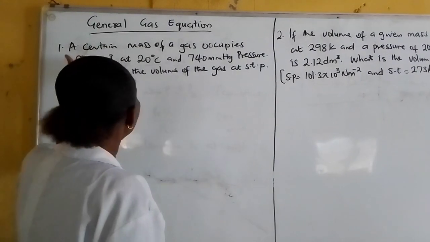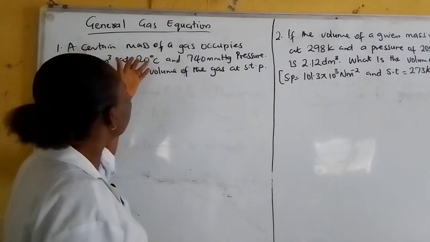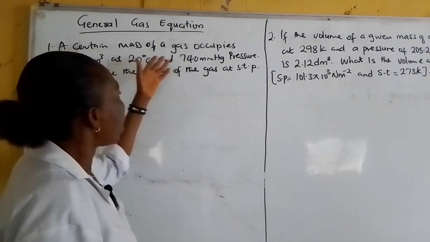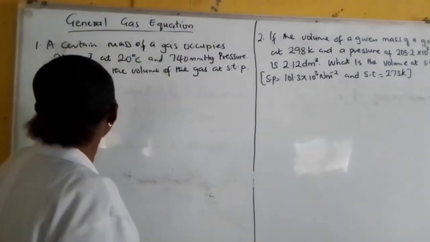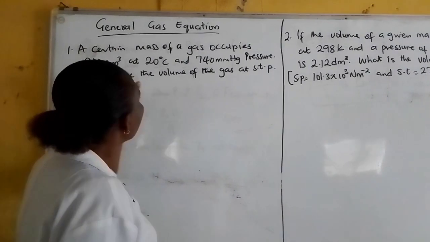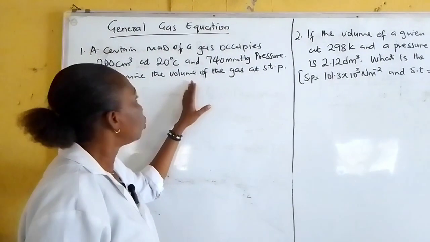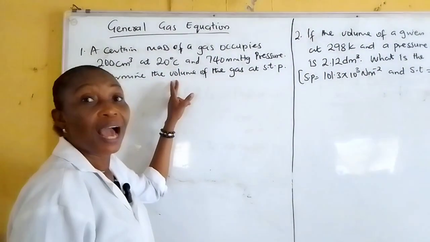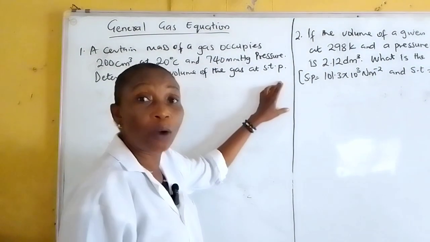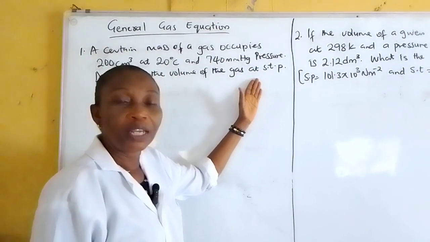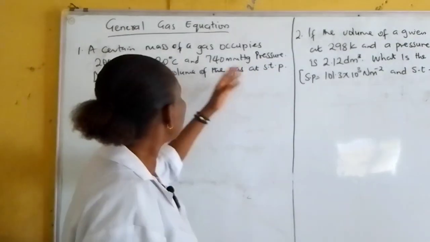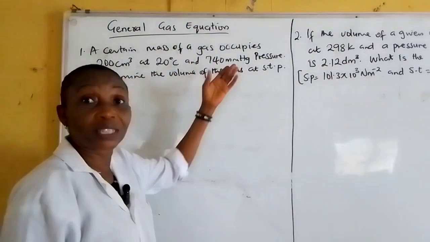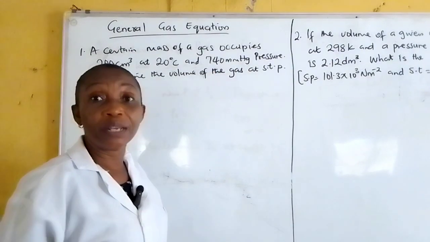We have the initial volume, the initial temperature T1, and the initial pressure P1. We are asked to find the final volume, the volume of that gas at standard temperature and pressure. We assume that the standard temperature is 273 Kelvin and the standard pressure is 760 millimeter mercury, since the pressure here is given in millimeter mercury.